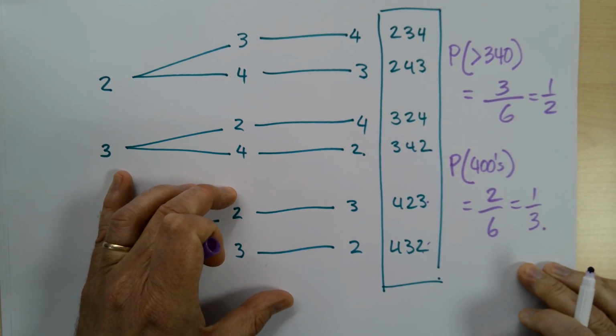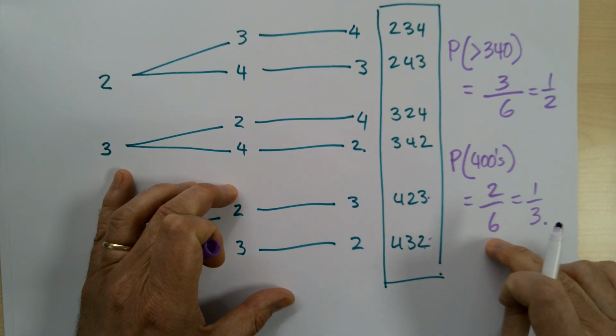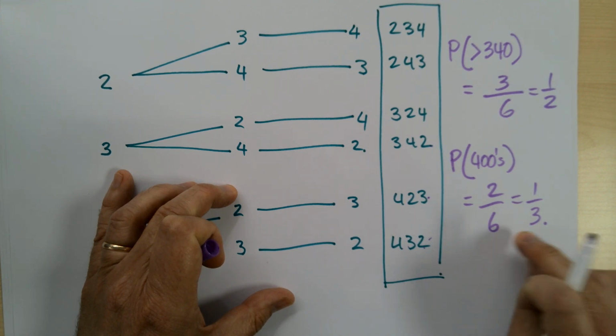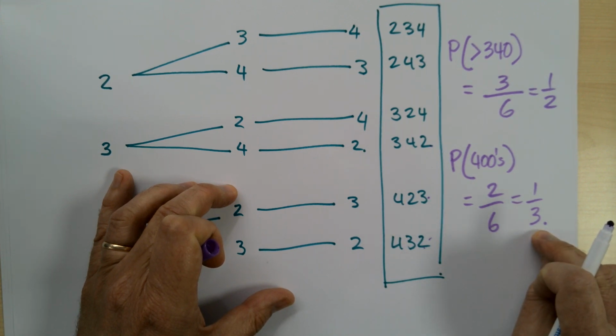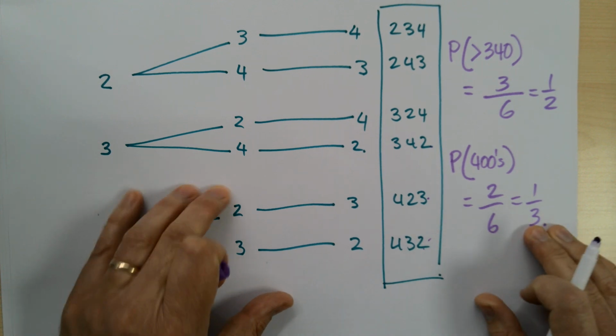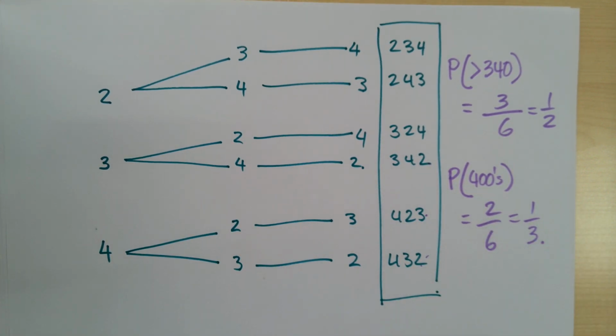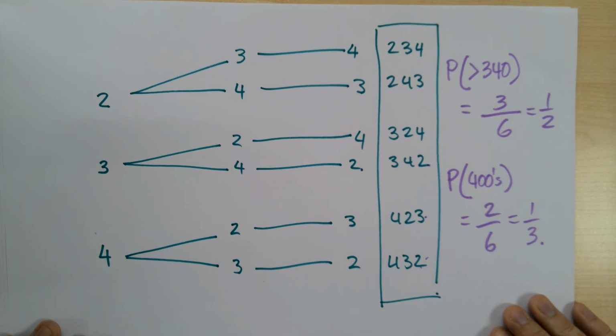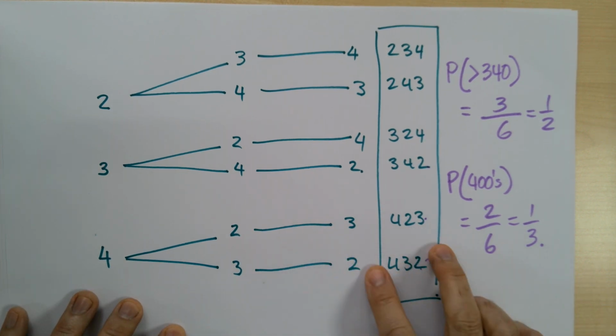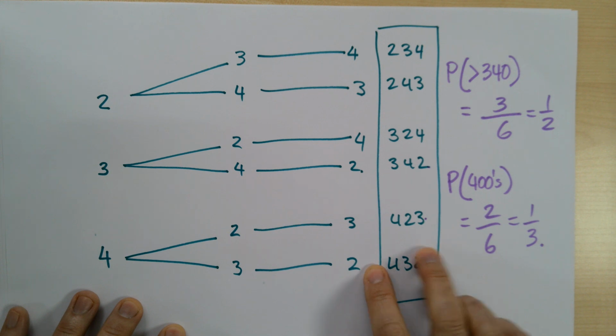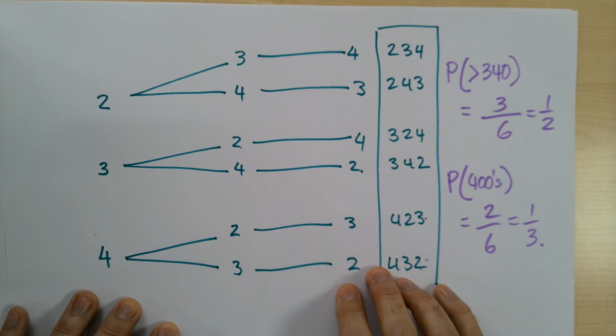Get it to simplify it for you. You've got to simplify the fraction. Never, ever, ever write a fraction without simplifying it. You will lose marks. All right, so that's how tree diagrams work. It's just a way of establishing the sample space when you've got more than 2 things happening.